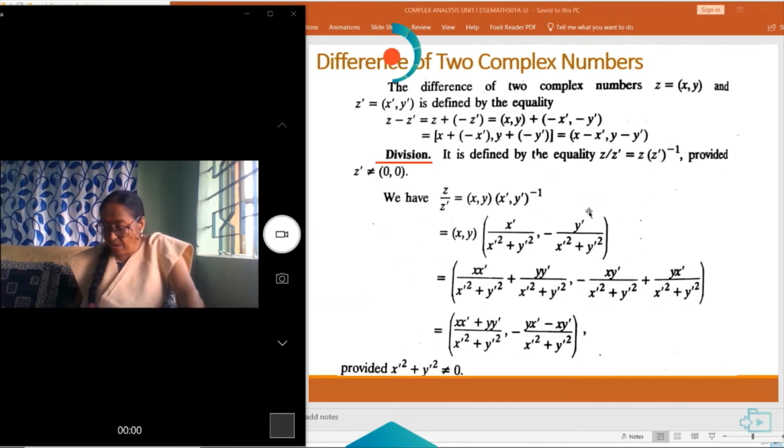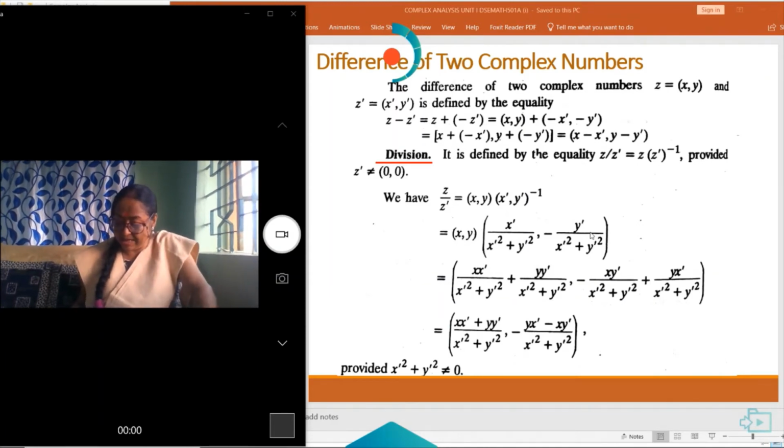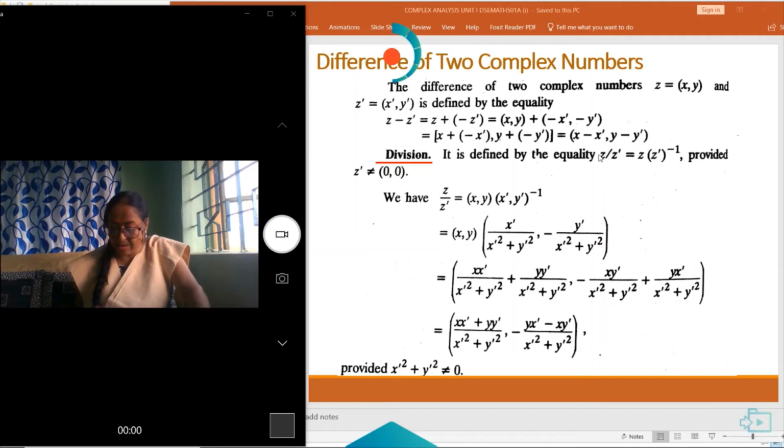Difference of two complex numbers. Suppose one is z, that is (x, y), and another is z', that is (x', y'). Then z − z' can be written as z + (−z'), that is (x, y) + (−x', −y'), which is equal to (x − x', y − y').